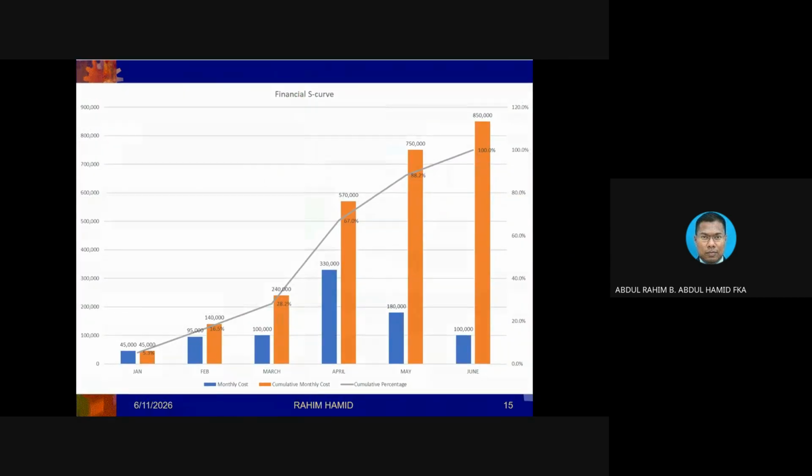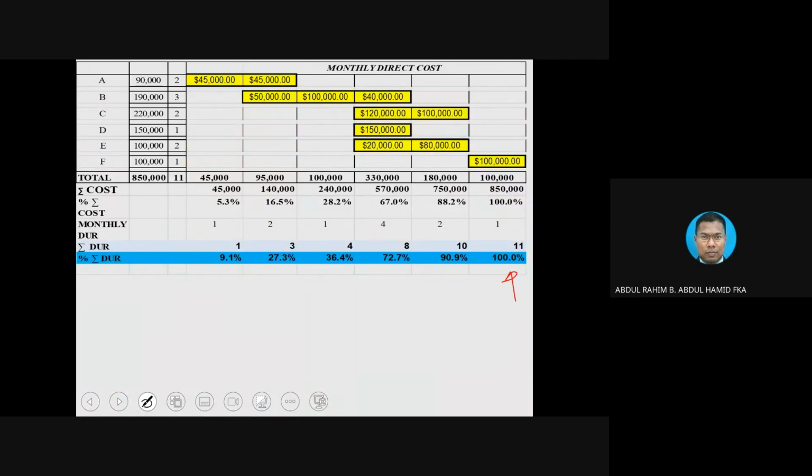Having said that, we are going to use the same schedule, because in any project, there is only one schedule. But from that schedule, there are many things that we can generate. So we already generated the financial S-curve. Now we want to generate another S-curve.